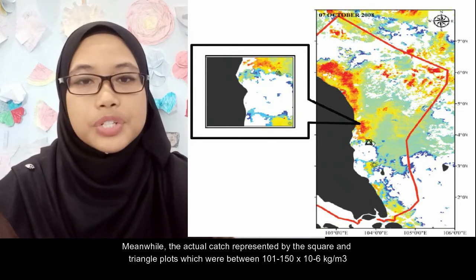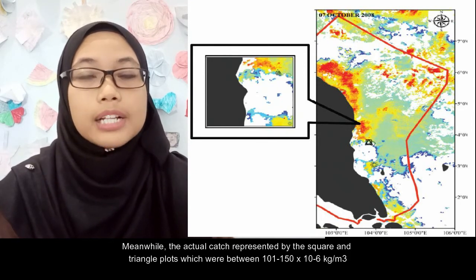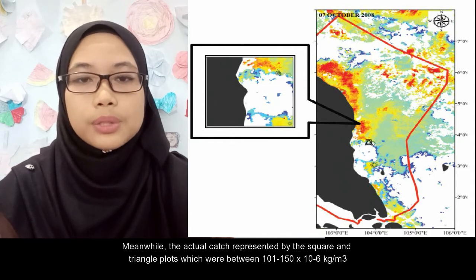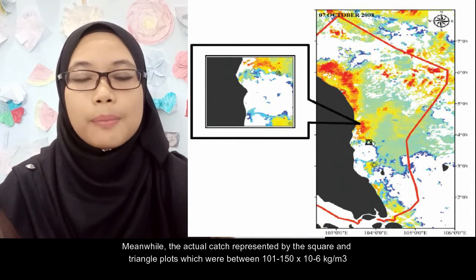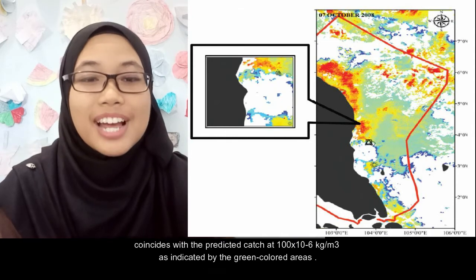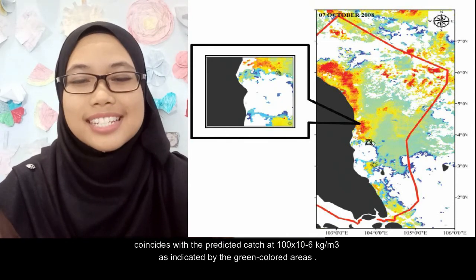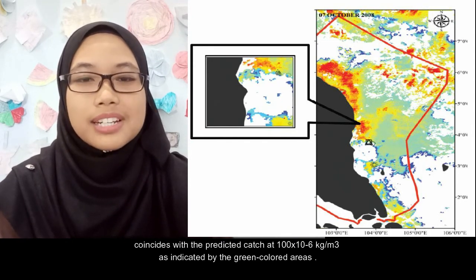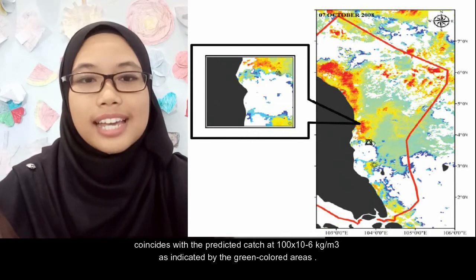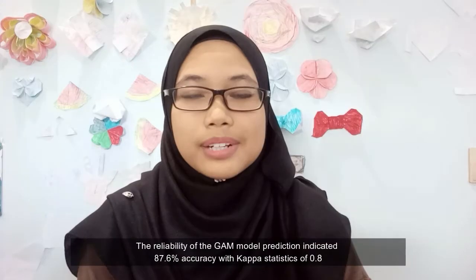Meanwhile, the actual catch represented by the square and triangle plots, which were between 101 to 150 times 10 to the power of negative 6 kg per cubic meter, coincides with the predicted catch at 100 times 10 to the power of negative 6 kg per cubic meter as indicated by the green colored areas. The reliability of the GAM model prediction indicated 87.6% accuracy with kappa statistics of 0.8.